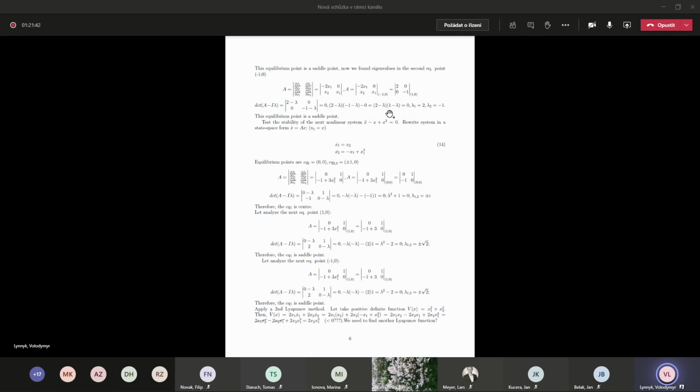Lambda 1 is 2 and lambda 2 is 1. Yes, and this is unstable, not a saddle point, or I need to check this example, sorry.